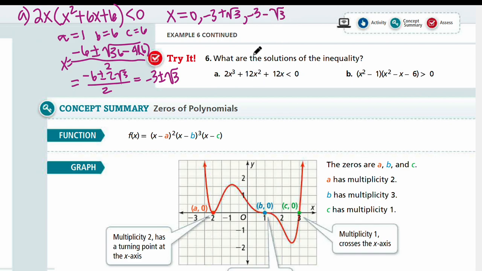Okay, and then negative 3 plus root 3 is about negative 1.2679 dot dot dot, and negative 3 minus root 3 would be about negative 4.73.